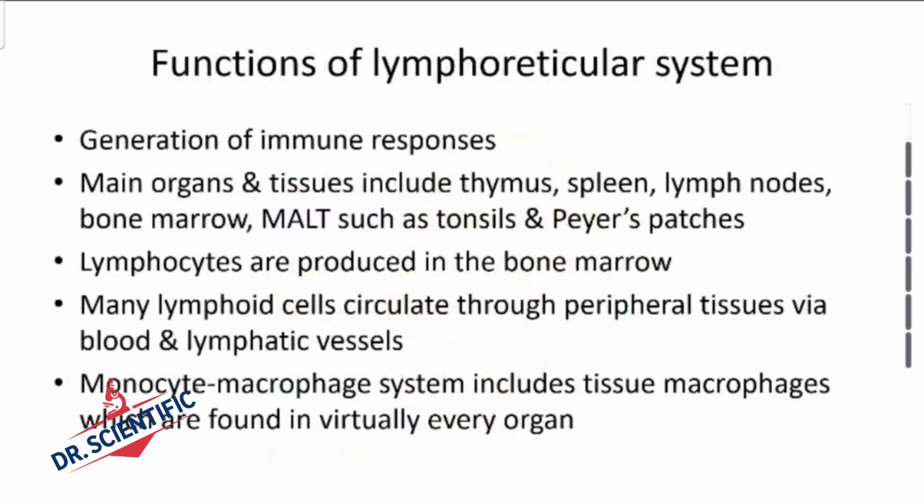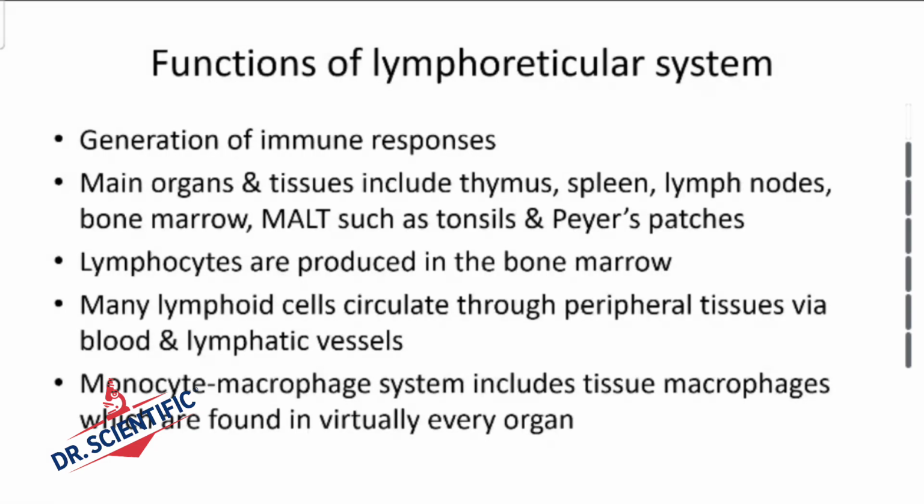Functions of the lymphoreticular system. We're looking at the functions of what we've talked about, the lymphatic system, including organs like the lymph nodes, the spleen, the bone marrow, among others. Mainly their function is to generate immune responses.